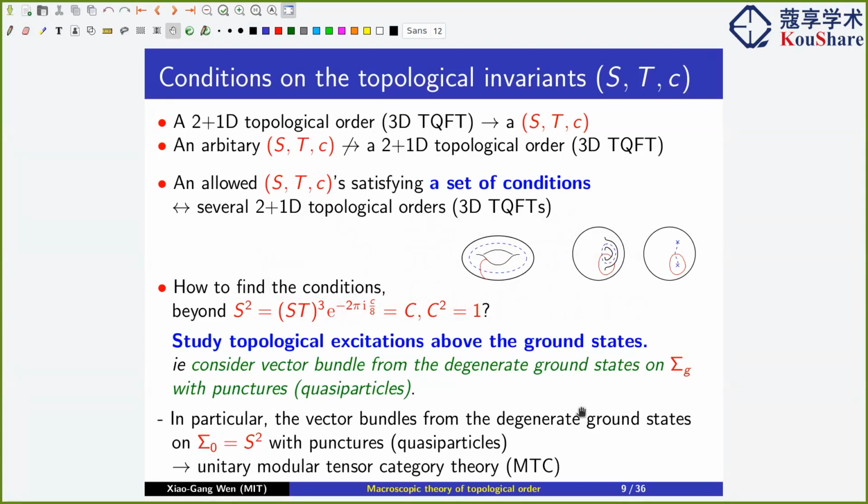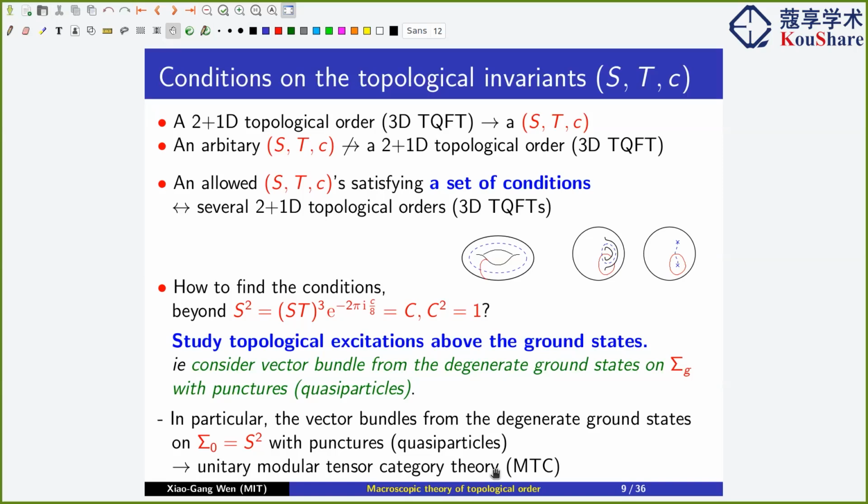And so actually this modular tensor category theory, this scary name, is actually just a theory to describe excitations, you know. So when you hear category, you say, oh, it's really a theory for excitations. The higher category is just a theory not only for point excitation, but also for string excitation.